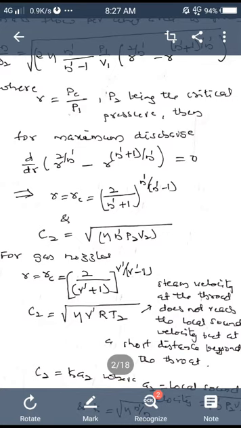For gas nozzles, r = rc = (2/(γ' + 1))^(γ'/(γ' − 1)) with γ' instead of n', and C2 is again √(η γ' R T2). C2 can also be equal to K times a2, where a2 is the local velocity of sound, given by √(n' P2V2) in this case.